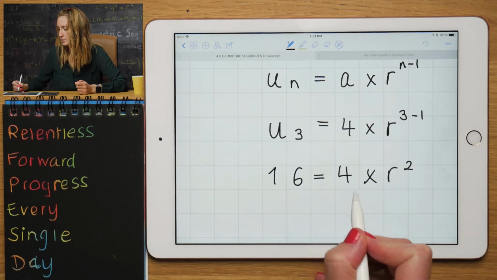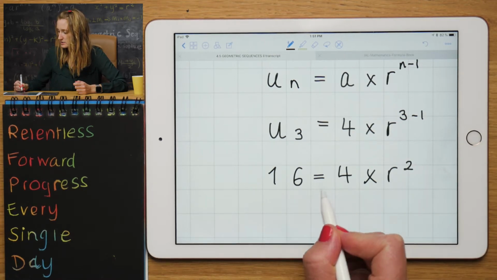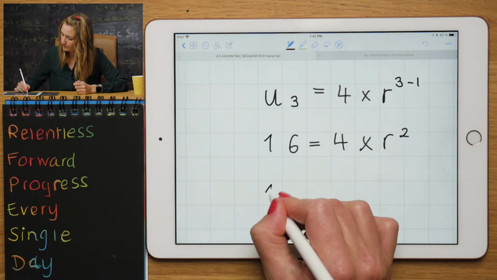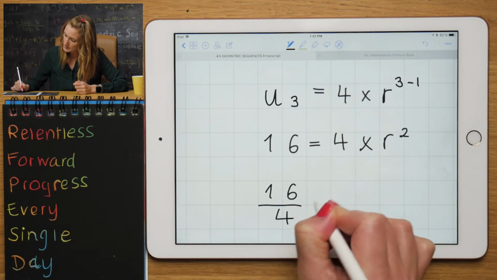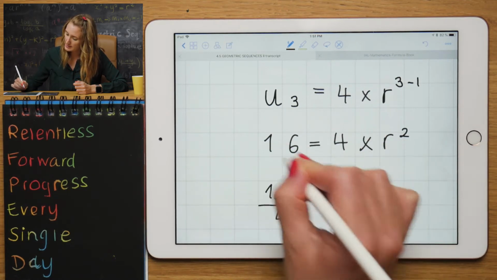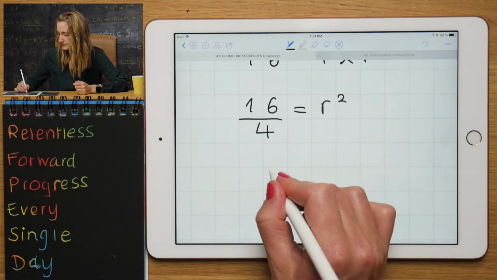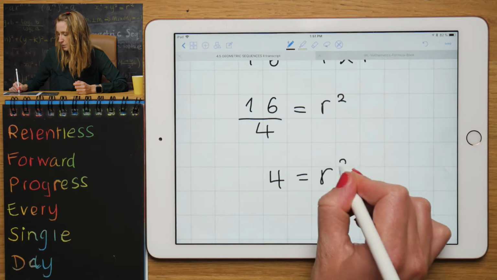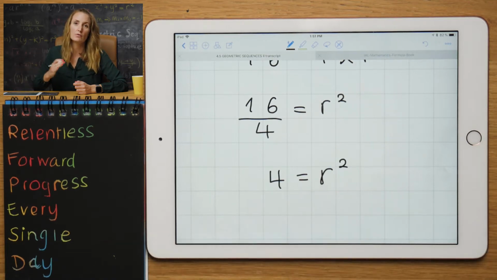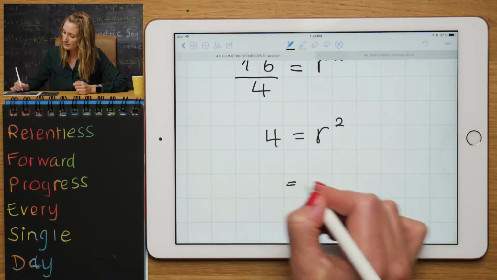Now we're going to make r squared the subject by dividing by 4. So moving the times by 4 here to the left, so that's r squared. 16 divided by 4 is 4, so 4 is r squared. I'm going to take the square root of both sides.